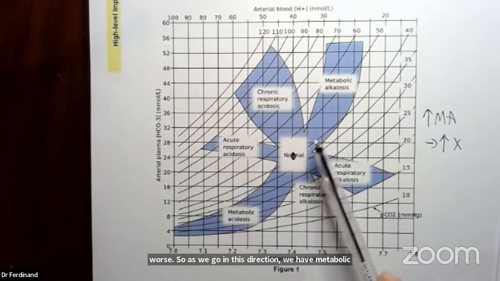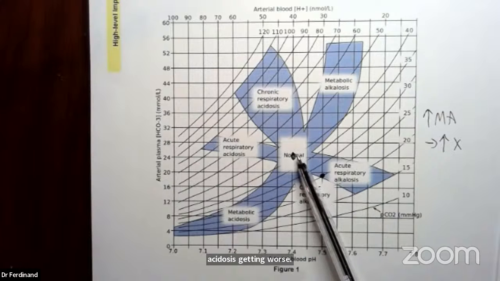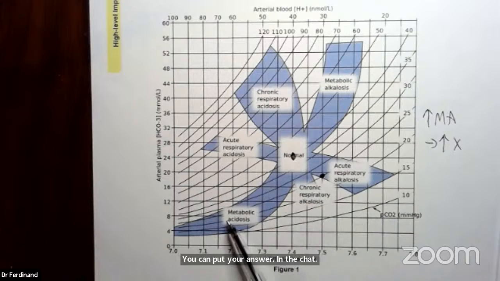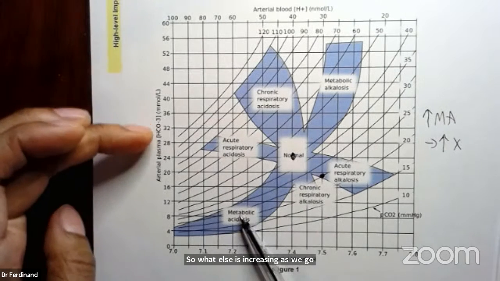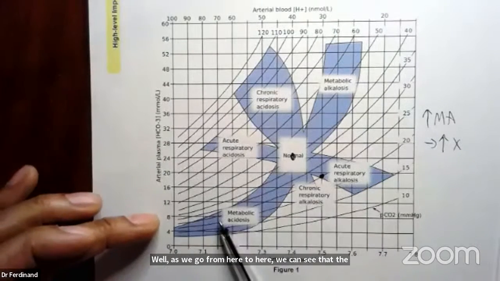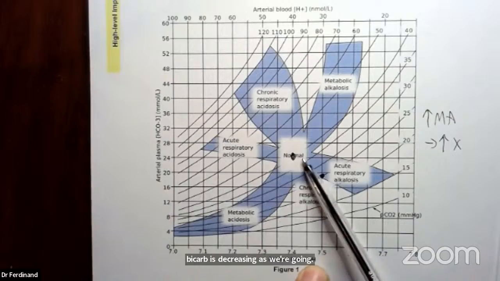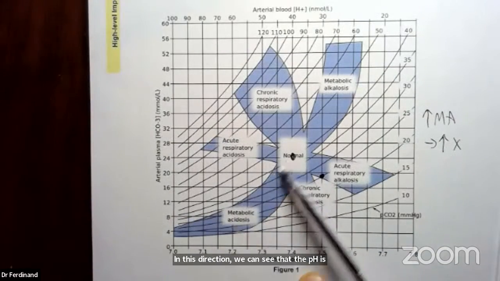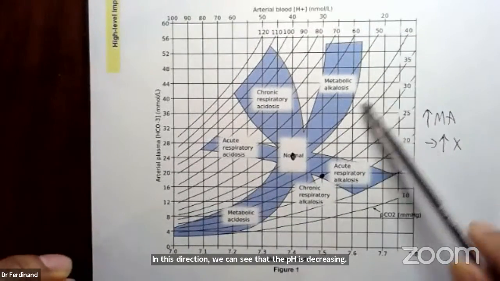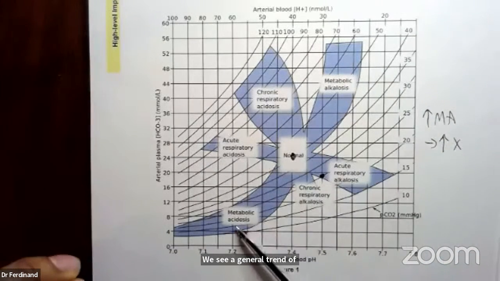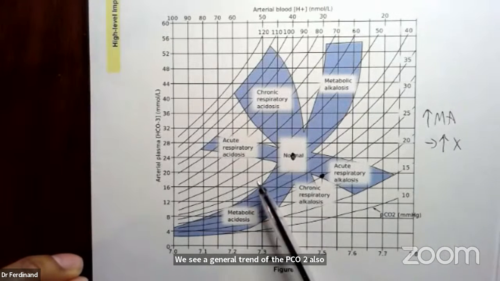So what are the changes as we're going from here to here? You can put your answer in the chat. So what else is increasing as we go from here to here? Well, we can see that the bicarb is decreasing as we're going in this direction. We can see that the pH is decreasing as we go in this direction. We see a general trend of the PCO2 also decreasing, not in the same direction.